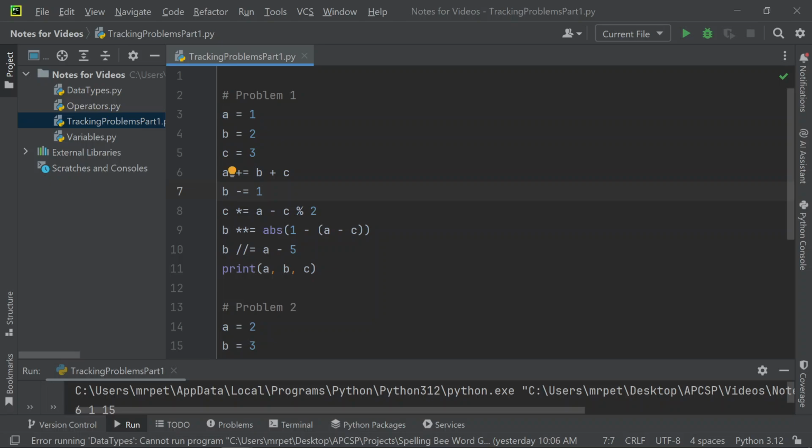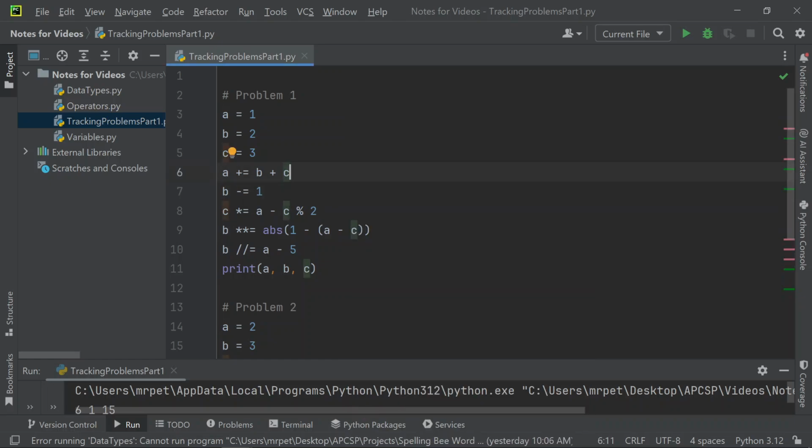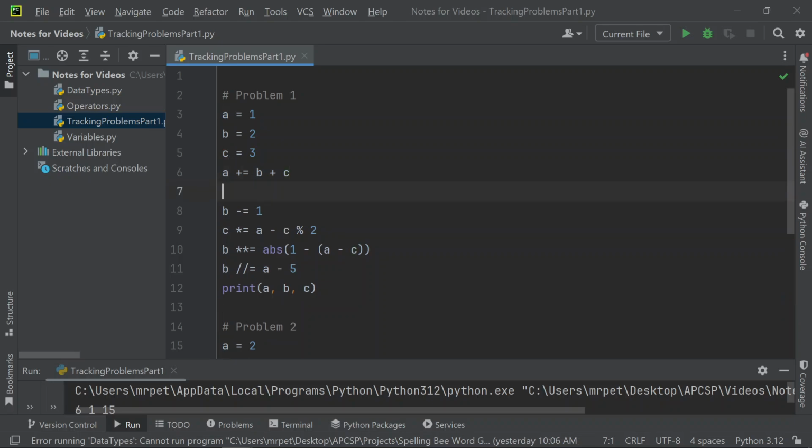But we have to be very careful that we don't do that, and we have to be careful that we're using the correct number as they're updated. Right after we run this line at line 6, the value of a is going to be different than 1, where we will have changed its value to something else. So that means when we get to line 8 here, we need to be using a different value for a. So let's begin this process.